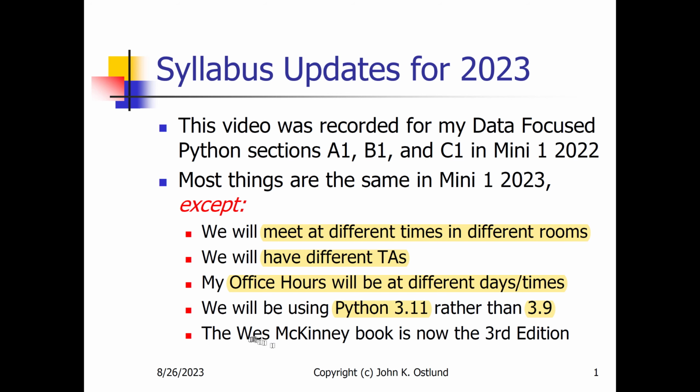Lastly, our textbook, written by Wes McKinney, has had a new edition released, the 3rd edition. What's shown in the video is the 2nd edition. The actual syllabus for this course has been updated to give you the correct information about this 3rd edition. All right, so onward to the details.